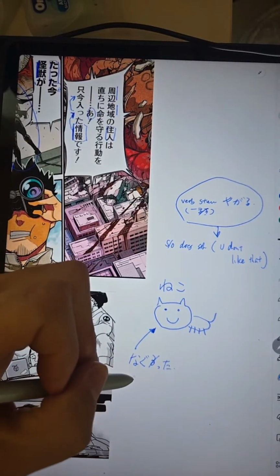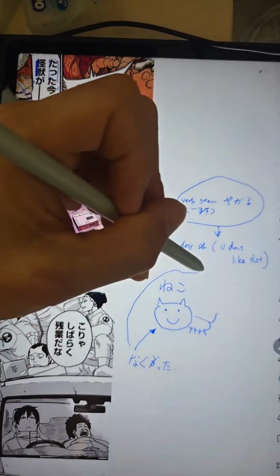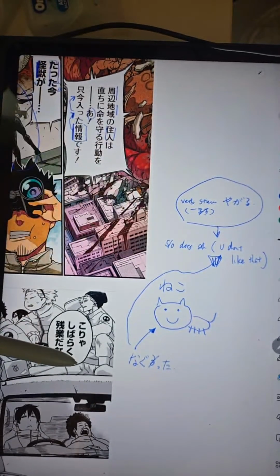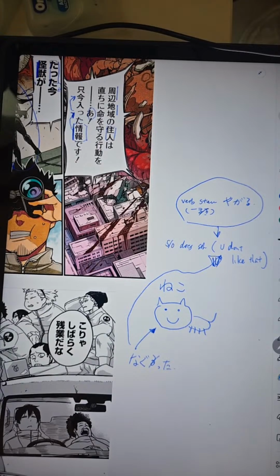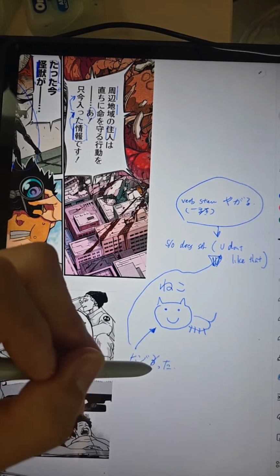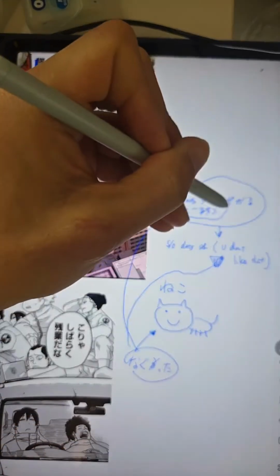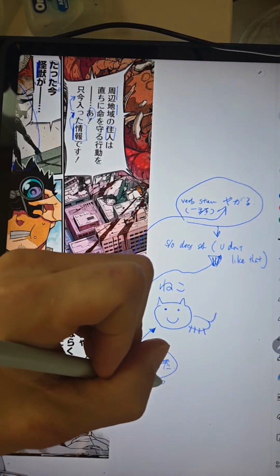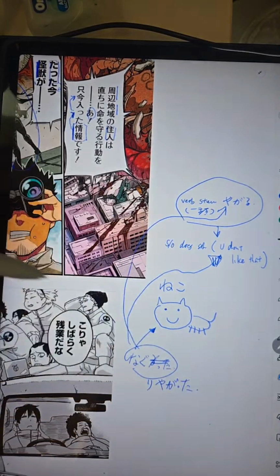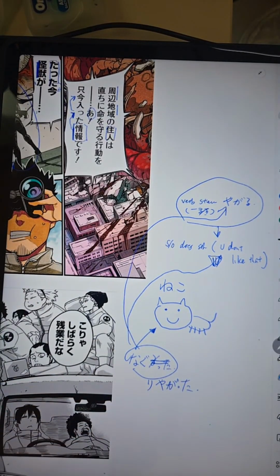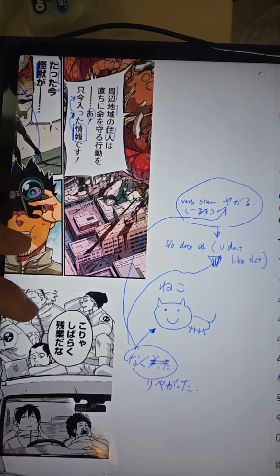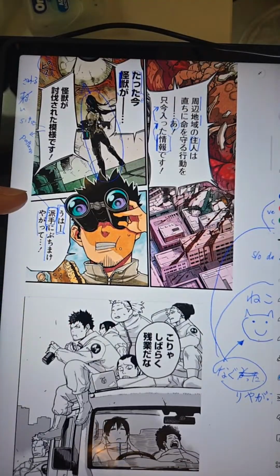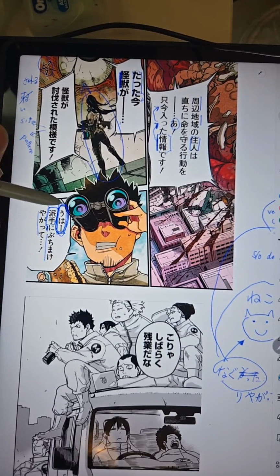If you want to add a connotation that you really hated that, like my roommate hit my cat and I didn't like that, then you can add this yagaru. So with this, naguri, verb stem, naguri yagatta. 私のルームメイトが私の猫を殴りやがった。So that's one way to complain, to imply that you really didn't like what someone did and you're complaining about it. So with this, whoa, shit.